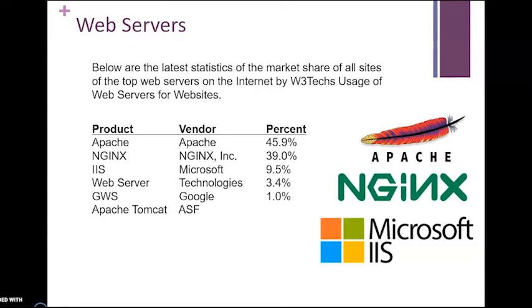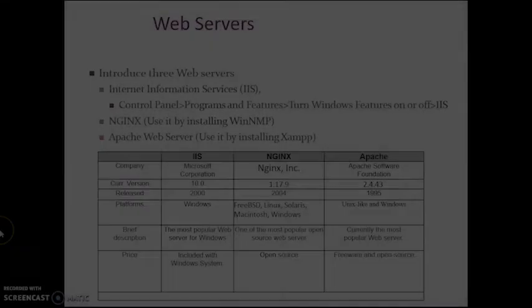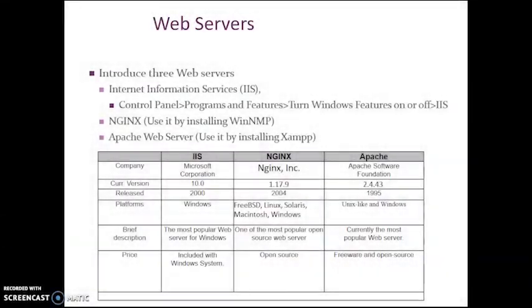Other types of web servers such as IIS, GWS, and Apache Tomcat are also being used by web developers, but the most popular ones are Apache and Nginx. This is because these two web servers are open source and free to be used by web developers.